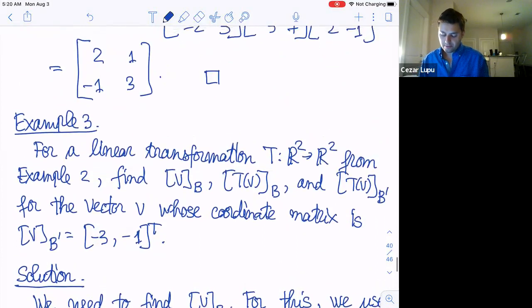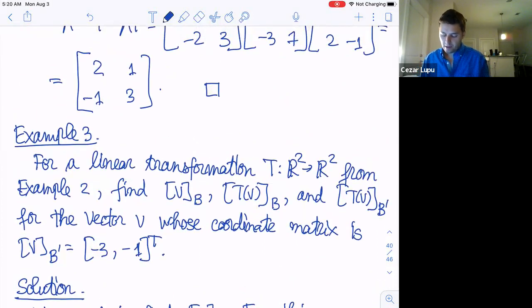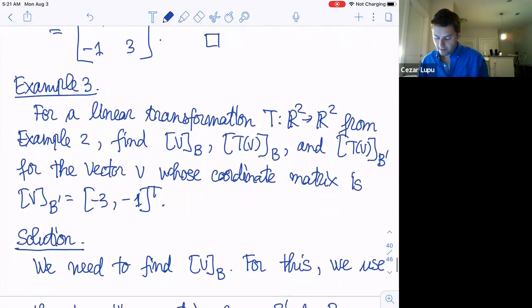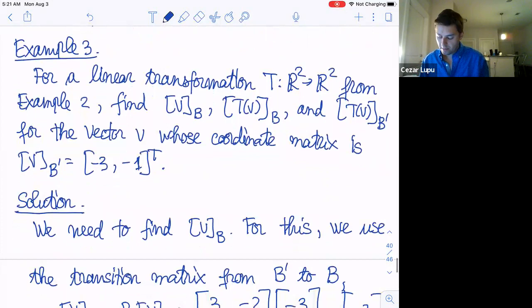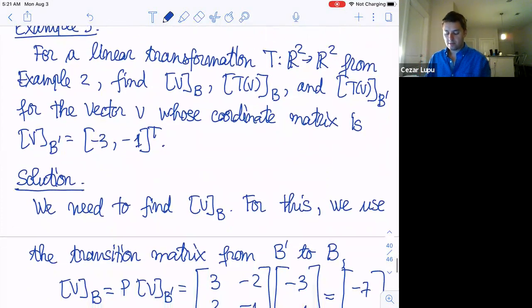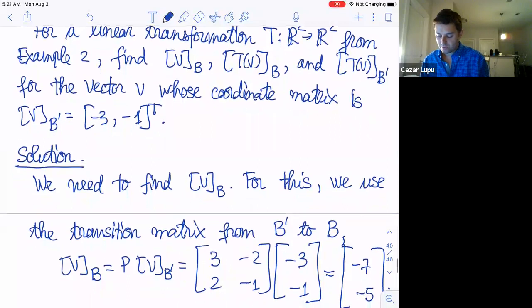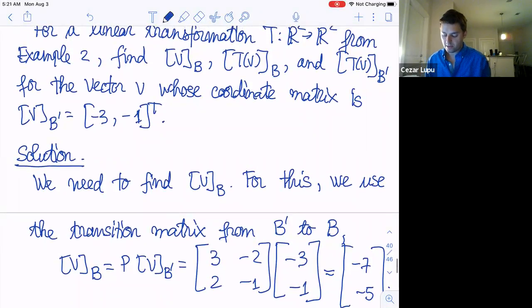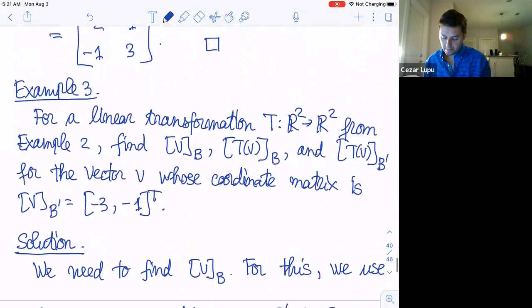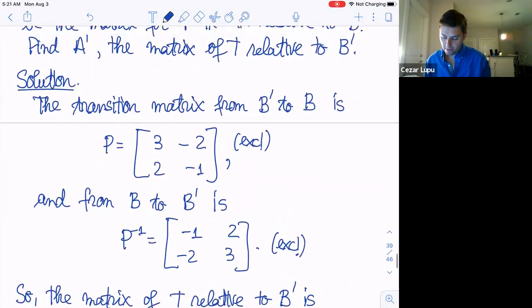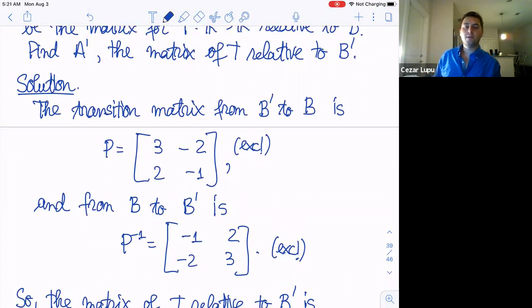So we need to find the coordinate matrix of V relative to B. For this, we use the transition matrix from the basis B prime to B. And again, this is given by this relation, and this is pretty straightforward. We just have to multiply these two matrices. P is given by this, because we already know P, the transition matrix. The transition matrix from B prime to B is this matrix P right here.